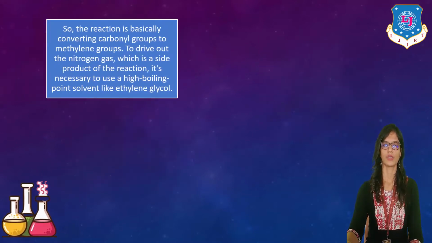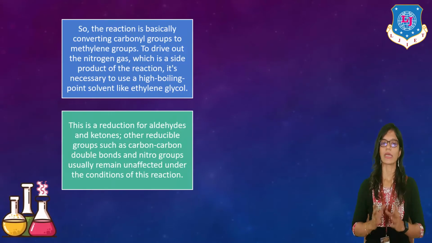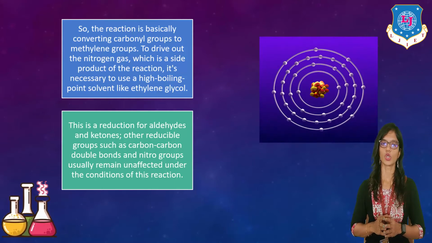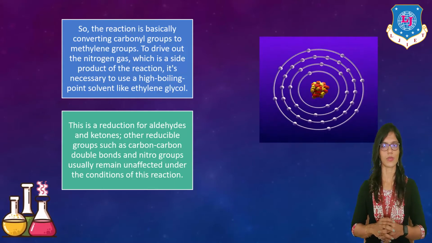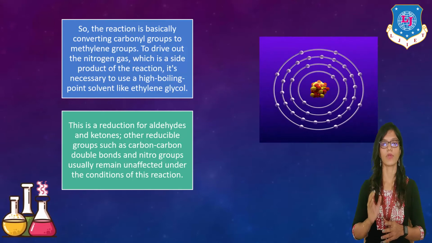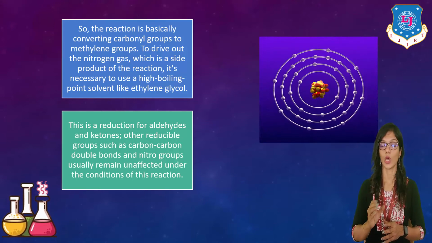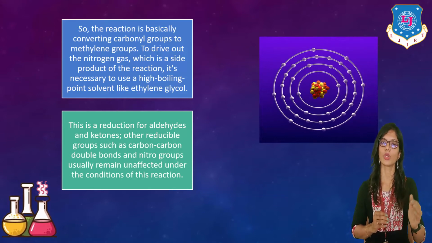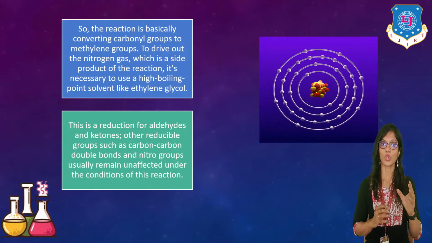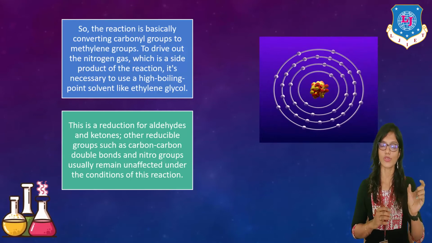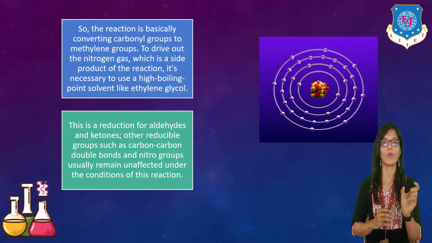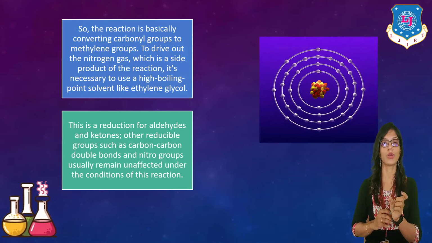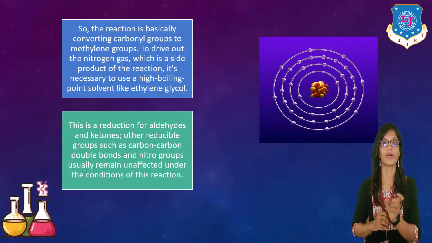This reaction is basically converting carbonyl groups to methylene groups. The product will contain a methylene group while the substrate will contain a carbonyl group. The oxygen from the carbonyl group will be converted into the hydrogen of the methylene group.